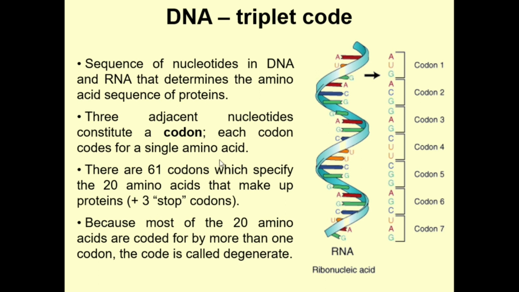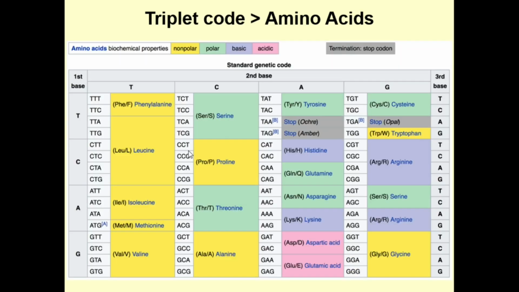If we go to the next slide, I don't want you to worry too much about this, but this is just a table that shows us which of our 20 amino acids are coded for by our codons.